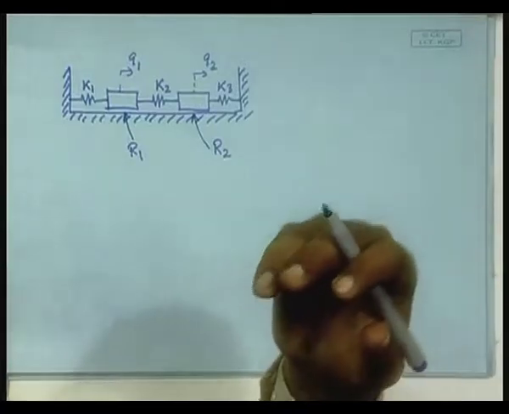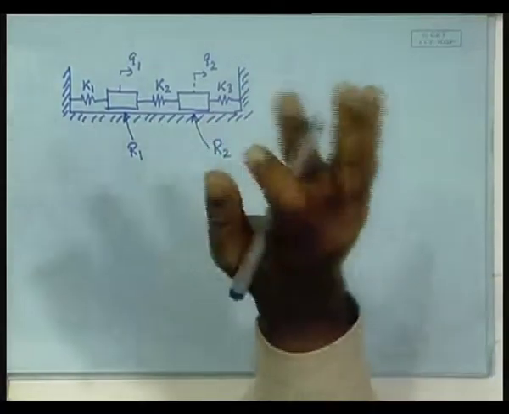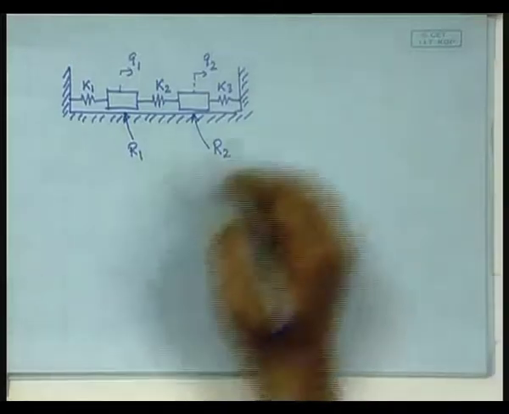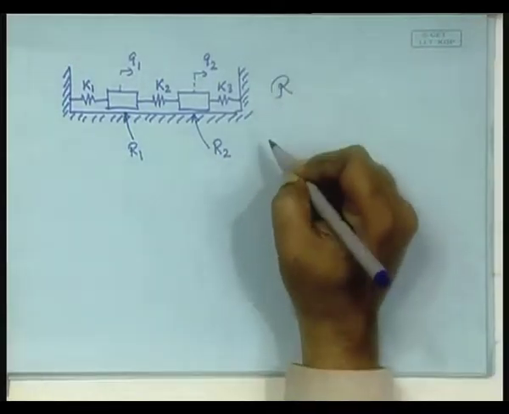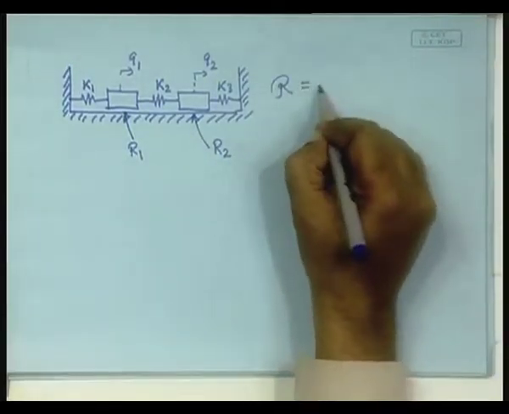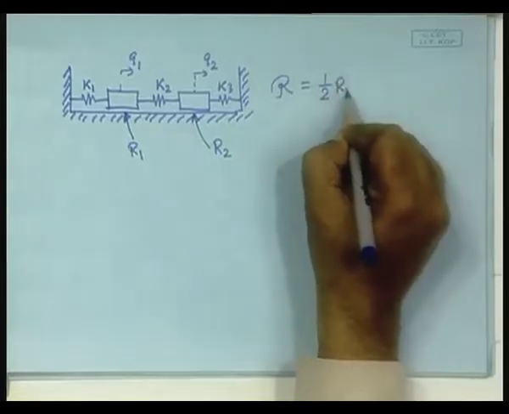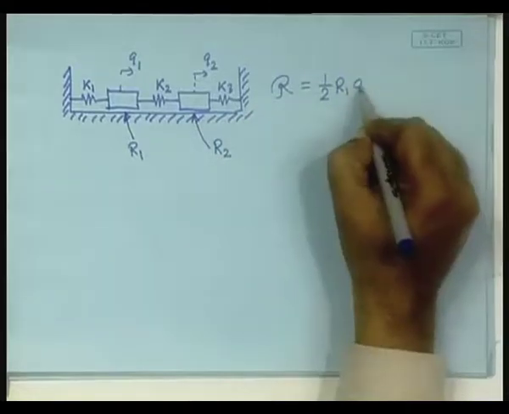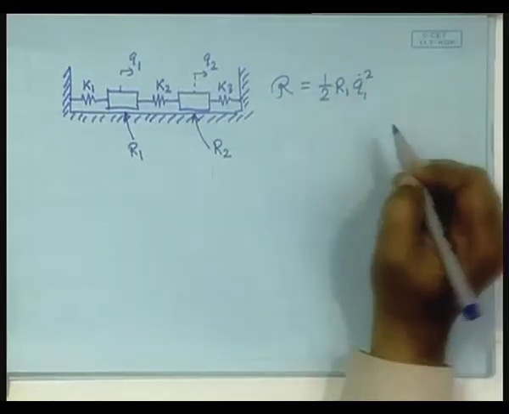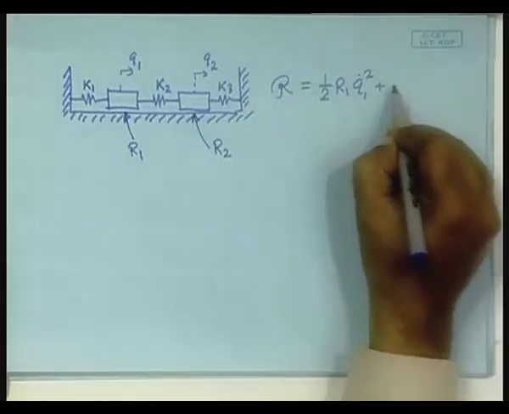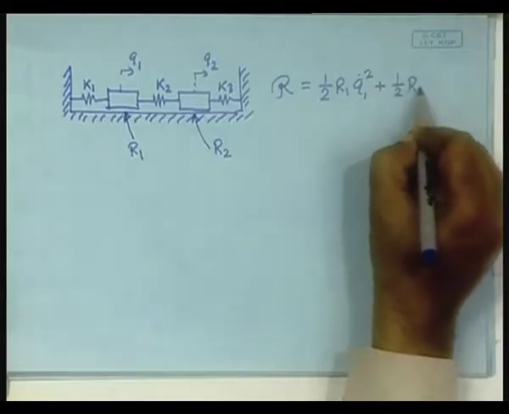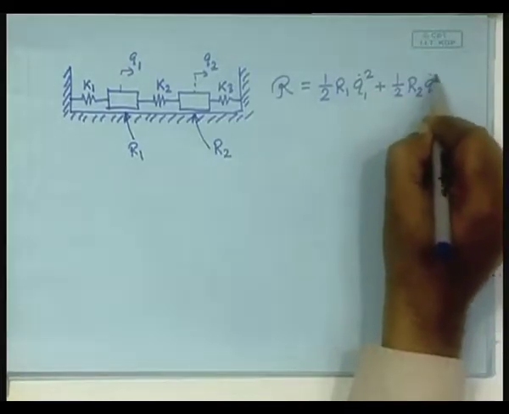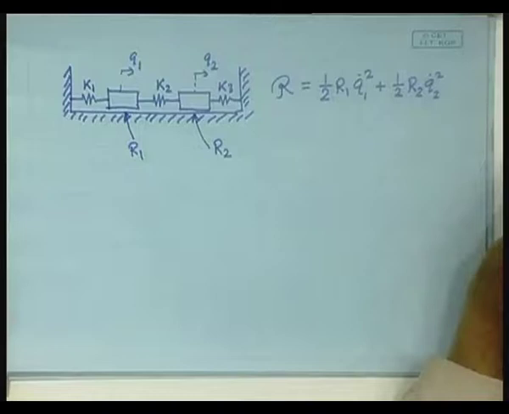We had already written the kinetic energy and the potential energy, they remain unchanged, only what is added is the Rayleigh term, which is half R1 q1 dot square plus half R2 q2 dot square, fine.